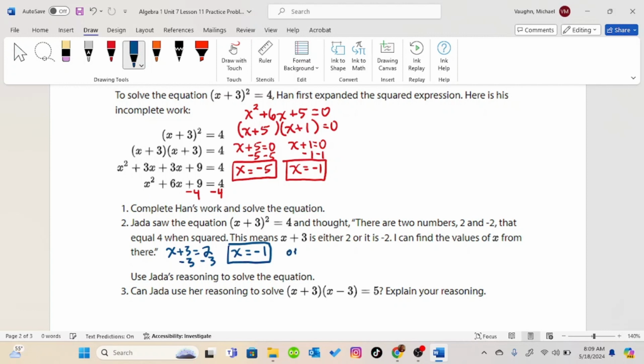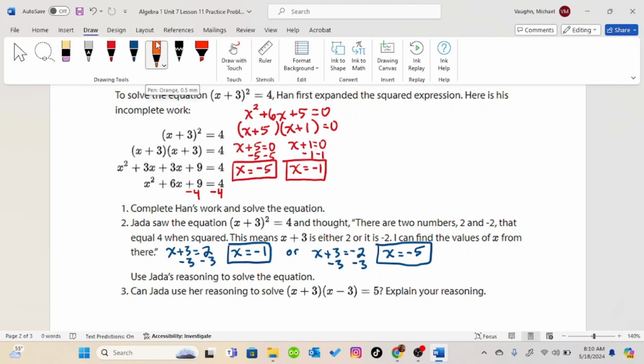Then, if we said that x plus 3 equals negative 2, when we subtract 3 from both sides, we get x equals negative 5, which matches the first answer we found using Han's method. So even though Han and Jada used different methods to solve, they both got the same answers.